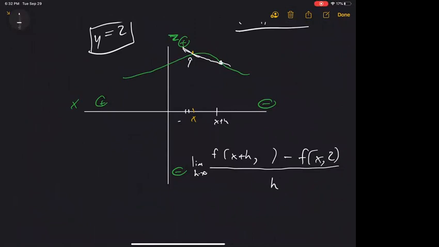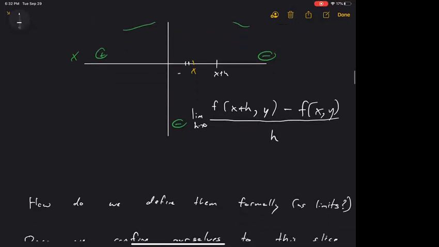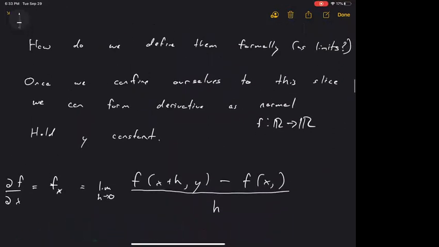We said y was always equal to 2 in this plane, okay? In general, this works for all our y values. So let's just say we're holding y constant, okay? And then what's changing? We're adding h to x. We have f of x plus h, y minus f of x, y over h, okay? And we take that limit.